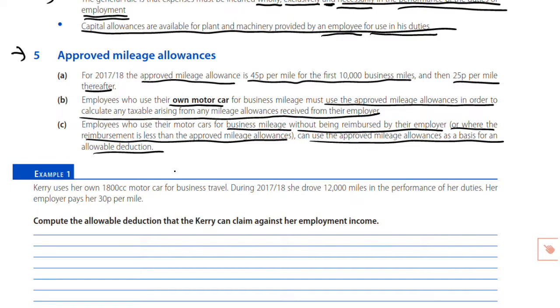On that basis, if the amount reimbursed is greater than the approved rates, that difference is an assessable benefit to include within the employment income assessment. If the amount reimbursed is less than the approved mileage rates, then there's a shortfall, and that difference will be an allowable deduction that the employee can put against their employment income in deriving their final employment income assessment to include upon their income tax computation.